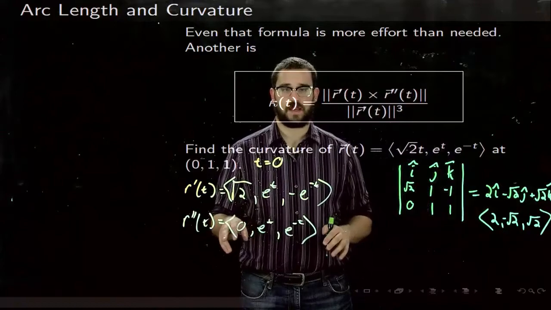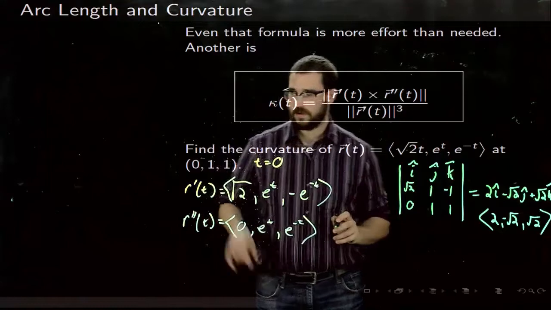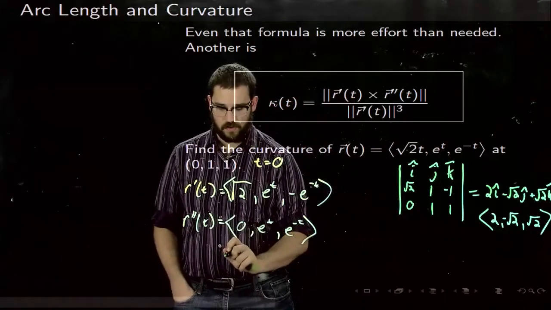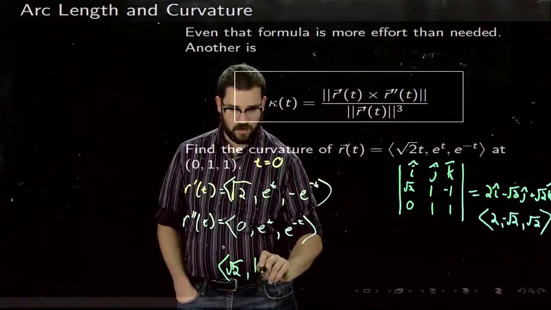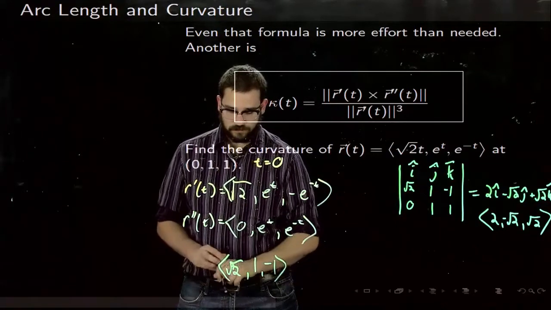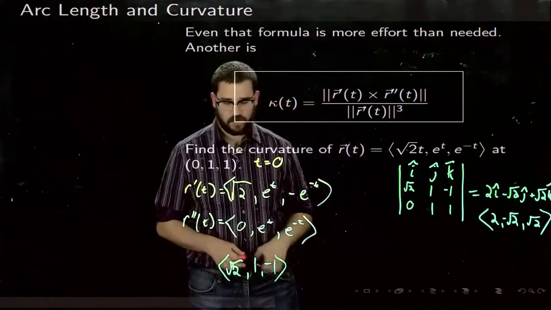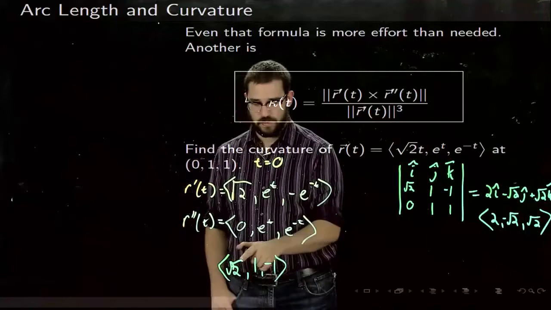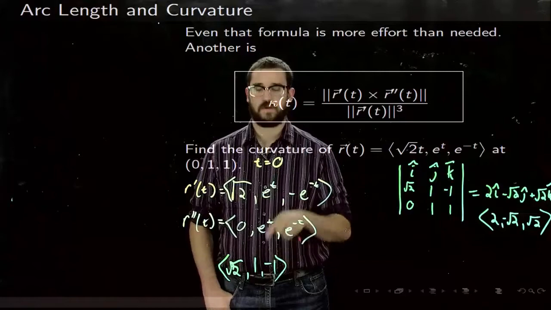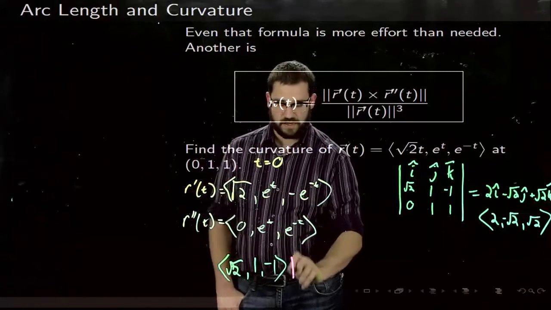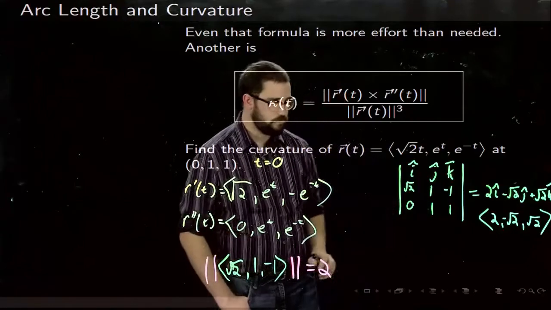Now we need to find r prime of t at t equals 0, and we get square root of 2, 1, negative 1. And now we need to find the magnitudes of both of these vectors. If I square each component, you get 2 plus 1 plus 1, which is 4. So the magnitude of this vector is just going to be 2.